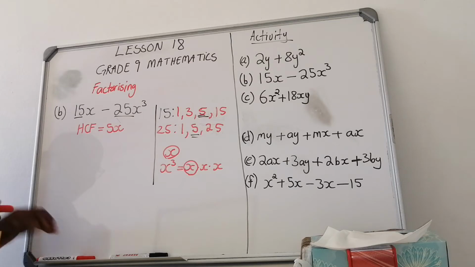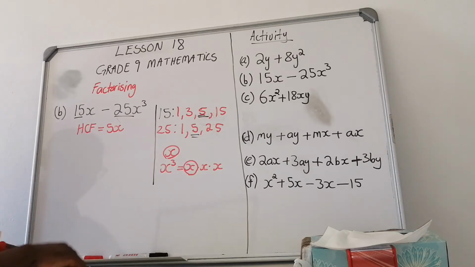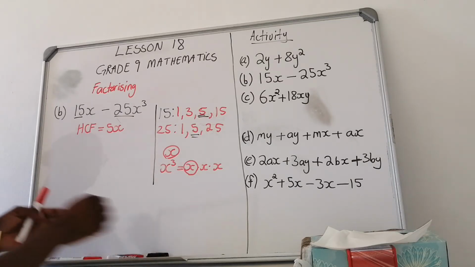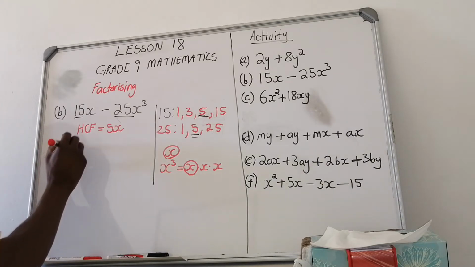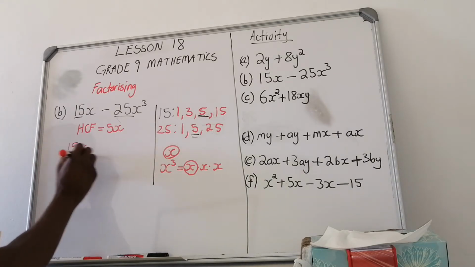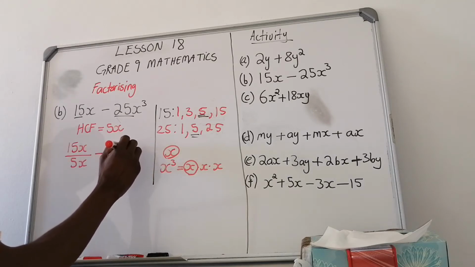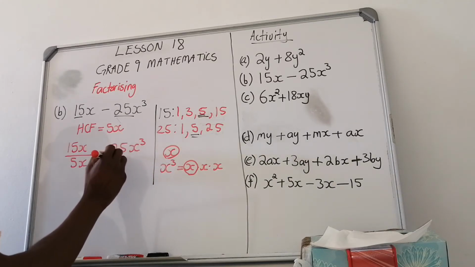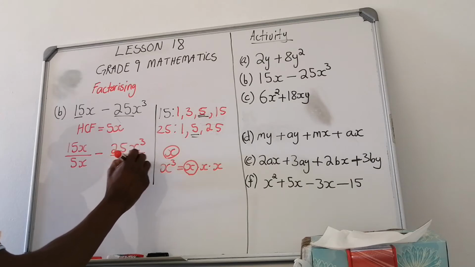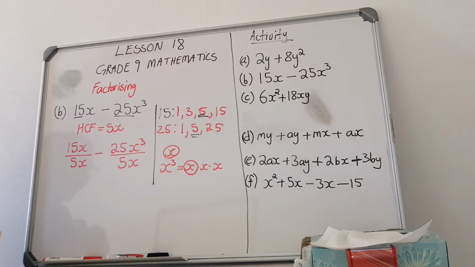Now we should divide every term by the highest common factor. So 15x divided by 5x minus 25x cubed divided by 5x. Now we simplify.